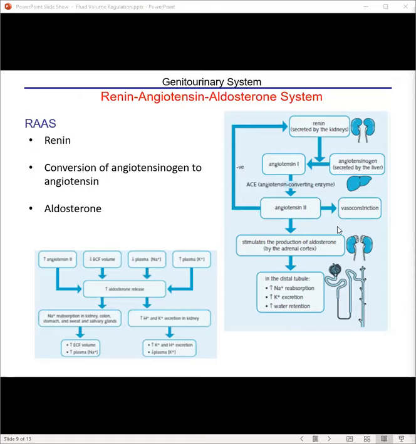So anong net effect nito? So ibig sabihin yung inflow arteriole, which is your afferent, versus your outflow arteriole, which is your efferent, ay magkaiba yung kanilang response to angiotensin 2. Ang efferent arteriole is mas mataas yung level of vasoconstriction.